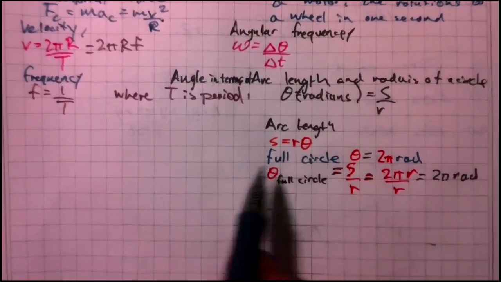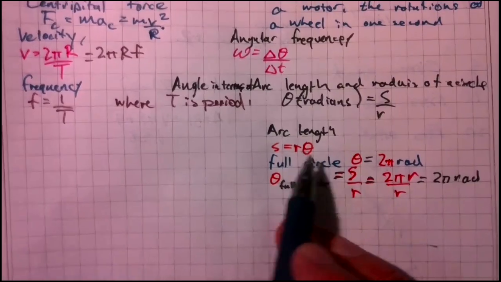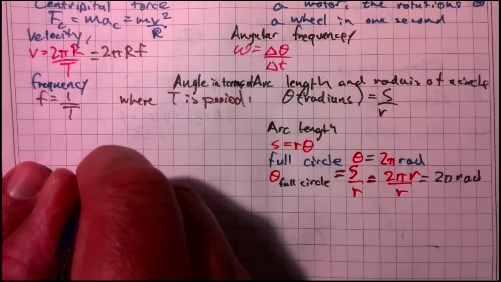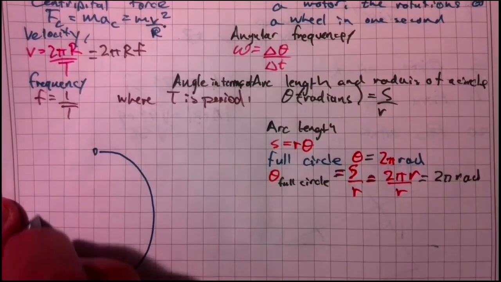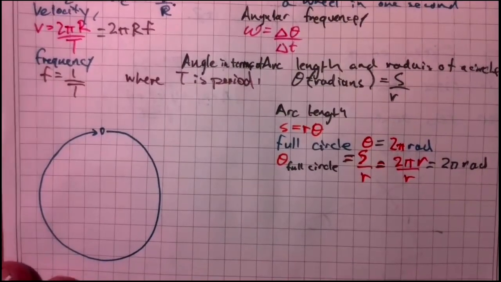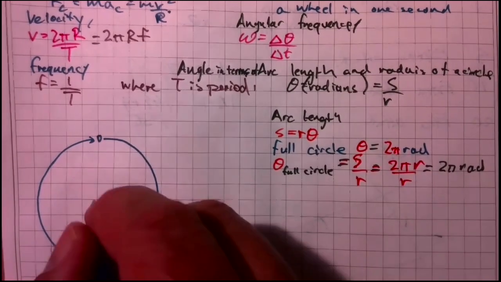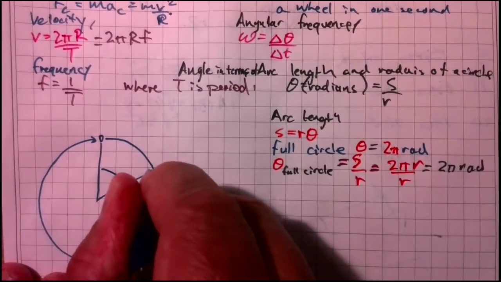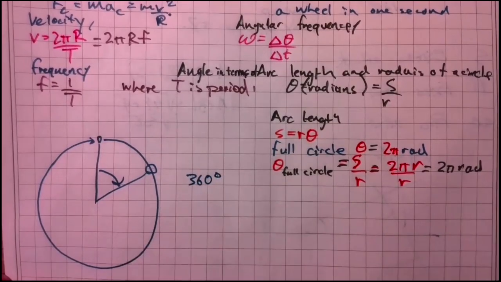And we're also going to talk about some important things this chapter. One of those is arc length, okay? And so the one that you're most familiar with, let's say we started here and we start moving in some type of circular motion, and we end up back where we started. Well, if you go all the way around a circle, then the angle that you would travel would be 360 degrees.